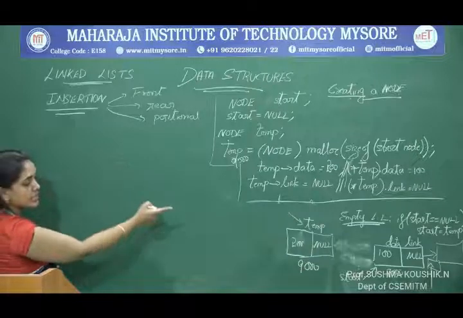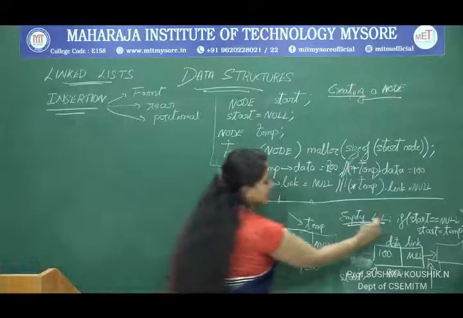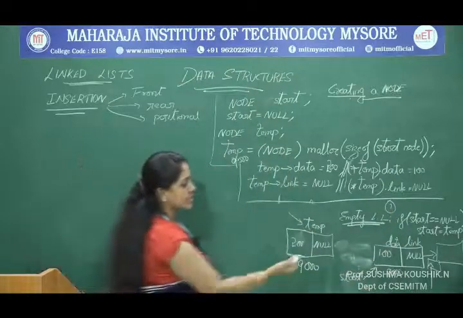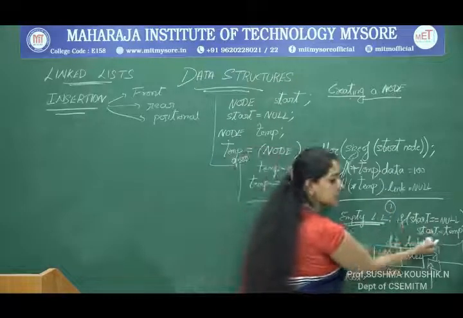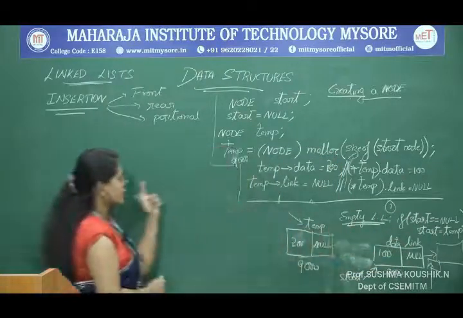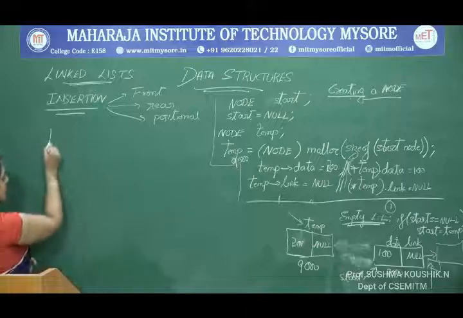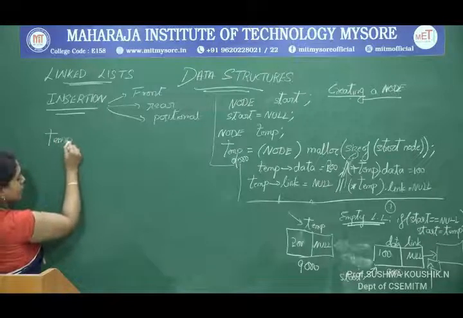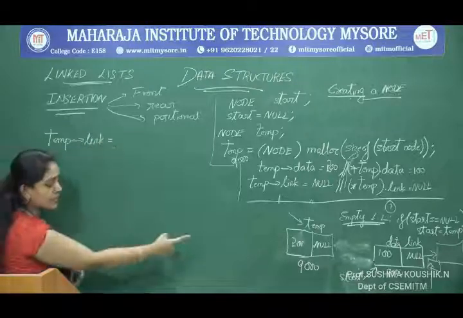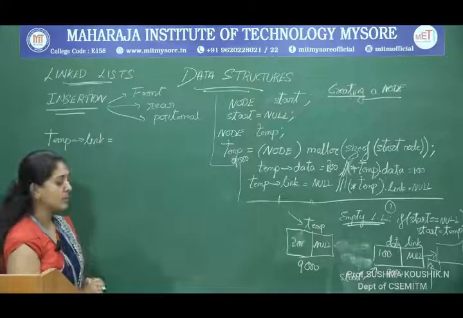At the first go, we had checked if it is an empty list. So, condition 1 is already checked. So, it is not an empty list. If start is equal to null, then only you will put over here. Now, it is not null. So, the next part which we are writing over here is temp of link field, that is so far null. I don't want it to be null any more.